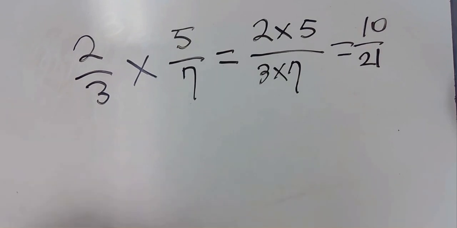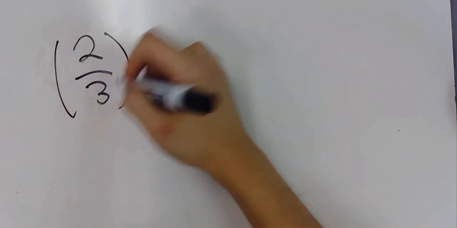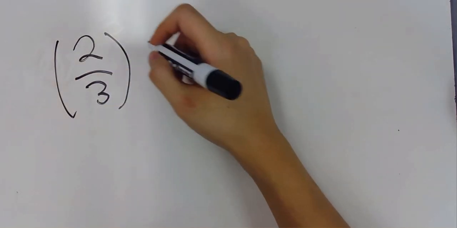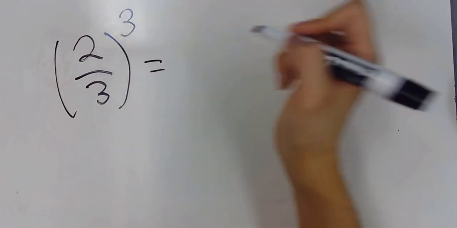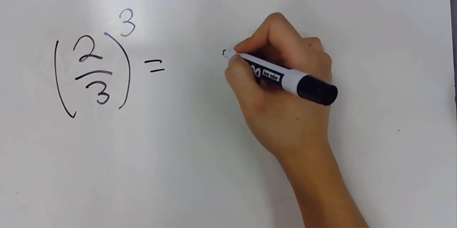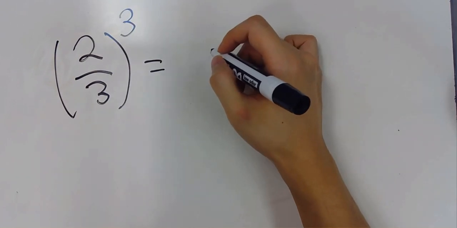So now let's think about what exponents really mean. Let's say we have 2 over 3 and we want to power it by 3. Then we know 2 over 3 to the power of 3 means that we have to multiply 2 over 3 by itself 3 times.